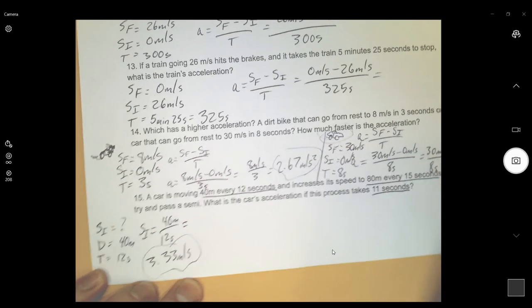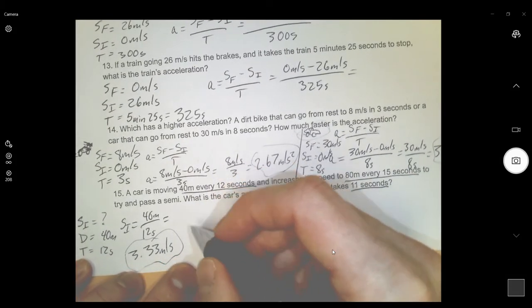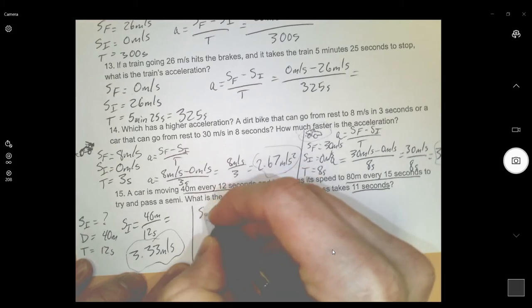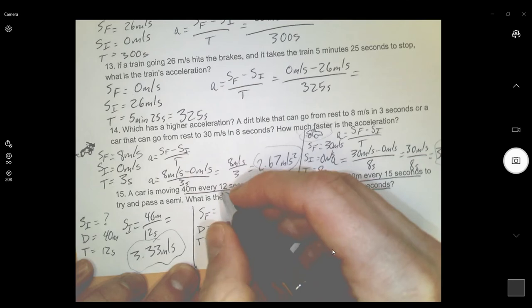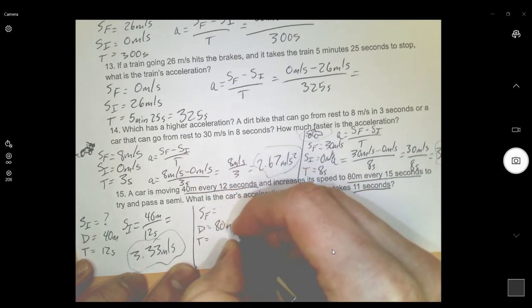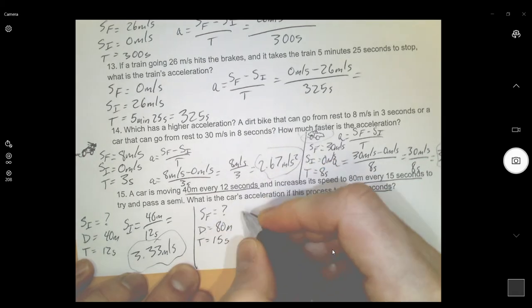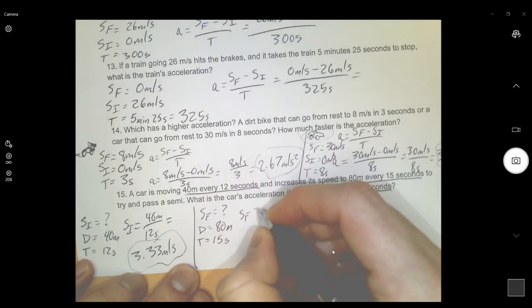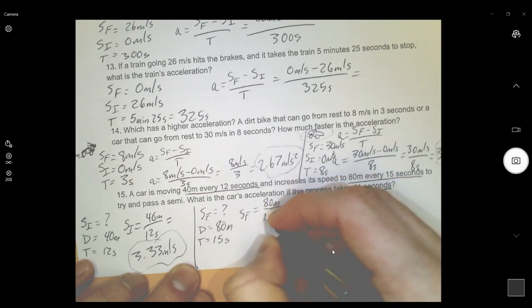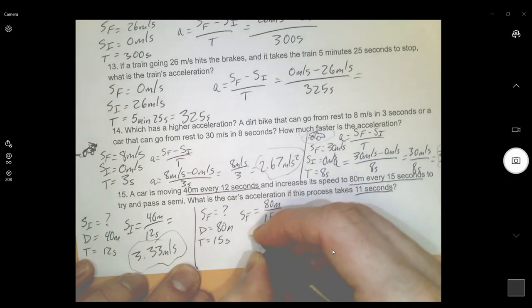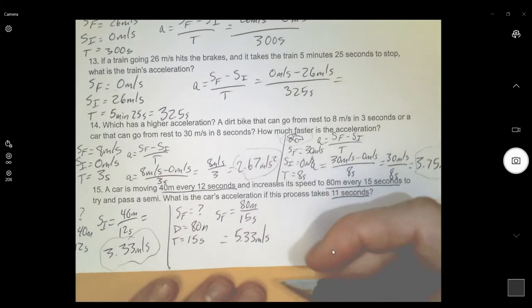Let me circle these real quick. Okay, that's important stuff. So there's our initial speed. Our final speed is going to be 80 meters divided by 15 seconds. So final speed equals 80 meters divided by 15 seconds, which equals 5.33 meters per second.